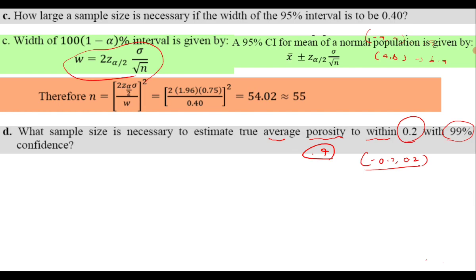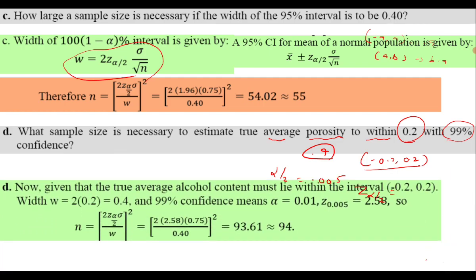It means your alpha by 2 is 0.005. Please try to compute from the table by yourself what z alpha by 2 would be, then find the value of n, and then you can verify from the slides.